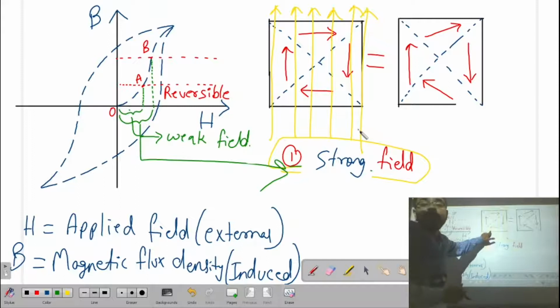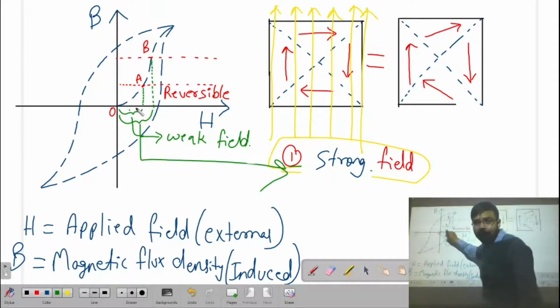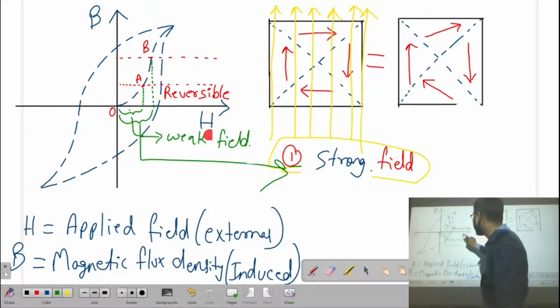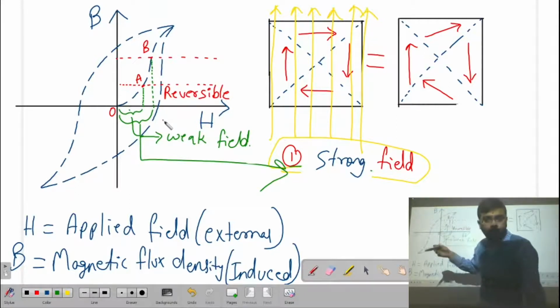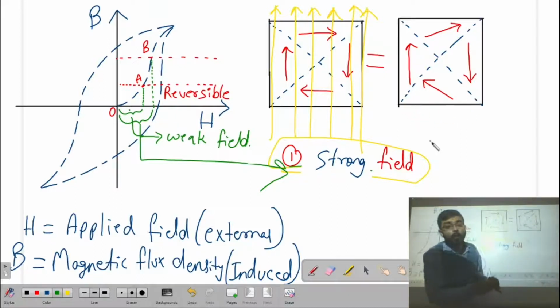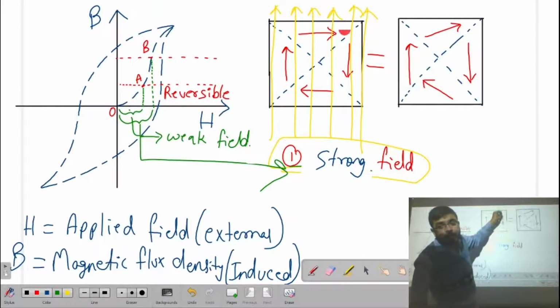But how it orients itself, we are studying here. When you have a less H field, it will orient with an increase in the volume of the domain. If you increase the value of H, then with the stronger field it will orient the magnetic moment direction of the domains in the direction of the applied field.